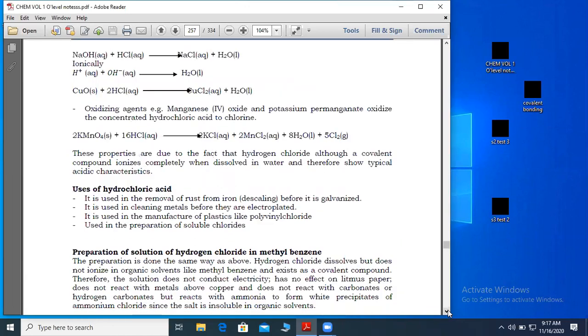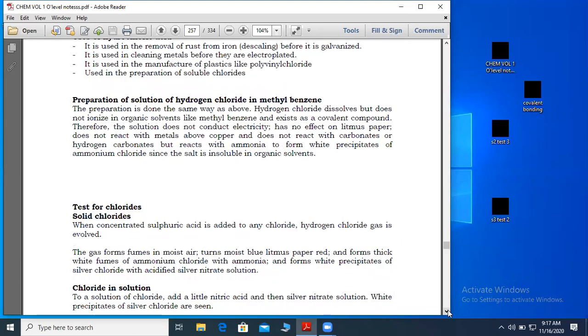We looked at uses of hydrochloric acid. Maybe we look at preparation of hydrogen chloride gas in methylbenzene. So hydrogen chloride gas is formed by covalent bonding. In methylbenzene, hydrogen chloride dissolves but does not ionize.